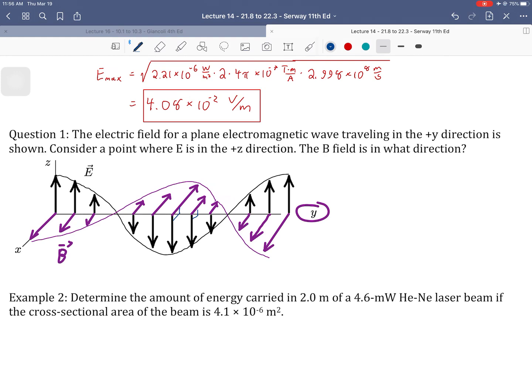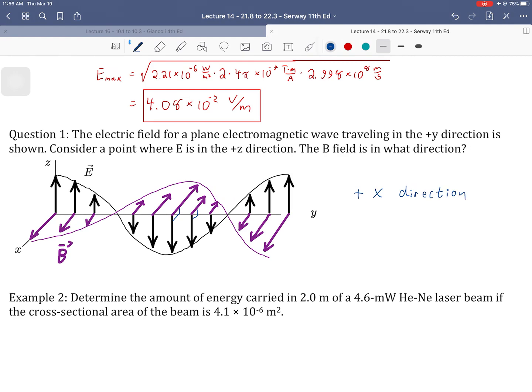Excellent. So what we want to do is finally answer the question. It said when the E field is in the positive z direction, what is happening with the B field? Well, the B field would be in the positive x direction, as we can see.